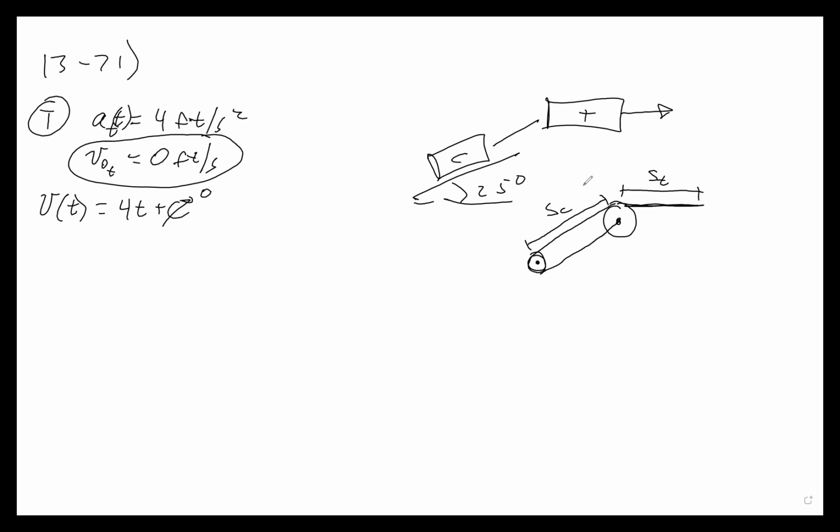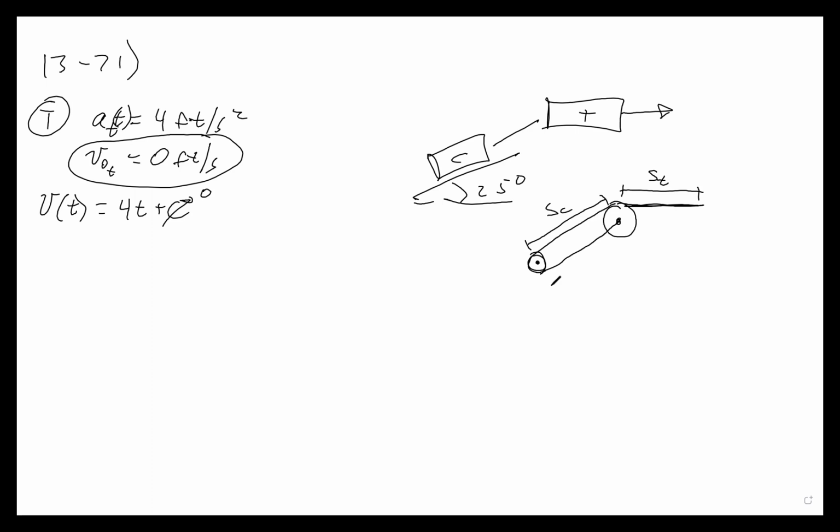Distances in this book for problems like this use S. Sometimes you'll use X, sometimes Y, sometimes D for displacement. In this case, they use S a lot of times, and what we want is the entire length of the pulley's cable, and then we want to reference that to how long the truck's cable is and the car's cable is at any particular time.